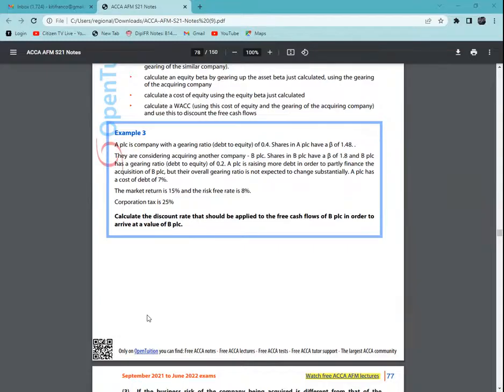The beta which becomes relevant is the beta of the new business, B Limited, which has a beta of 1.8. So the 1.48 beta of A becomes irrelevant. The one we shall use is the one of what here, somebody? 1.8 of B company. So Mary, does that help? Is that helpful?